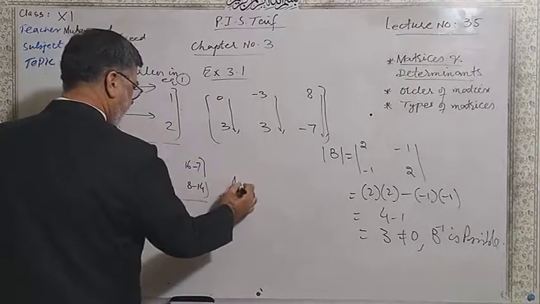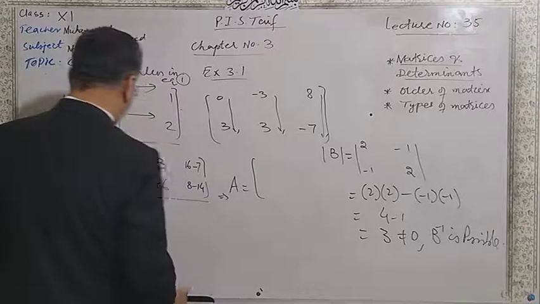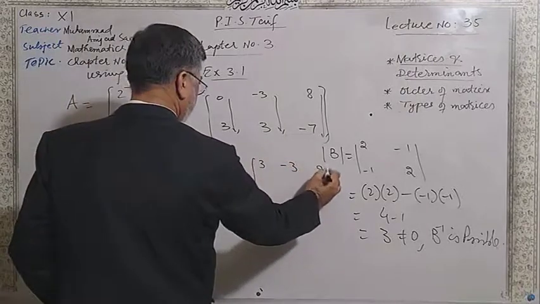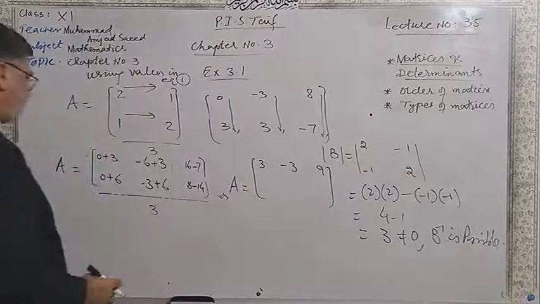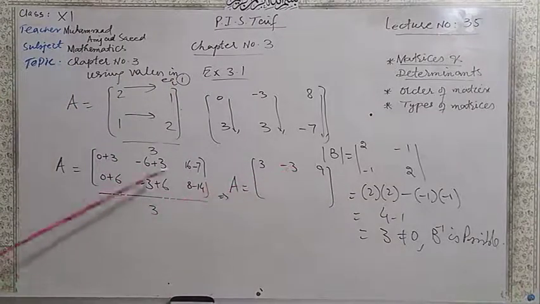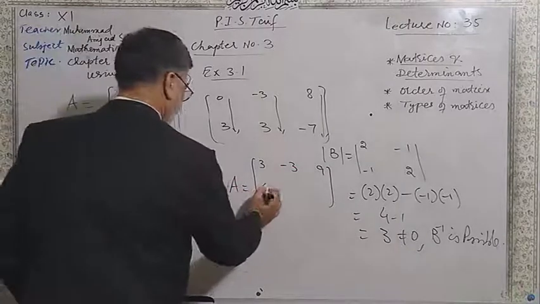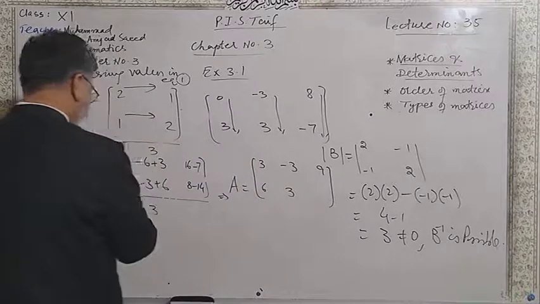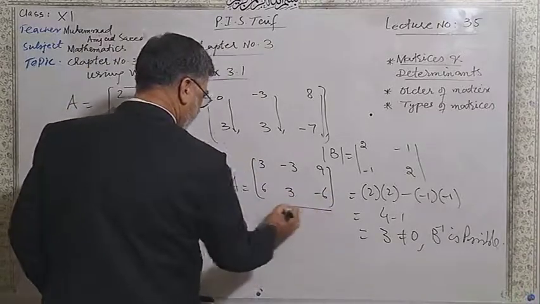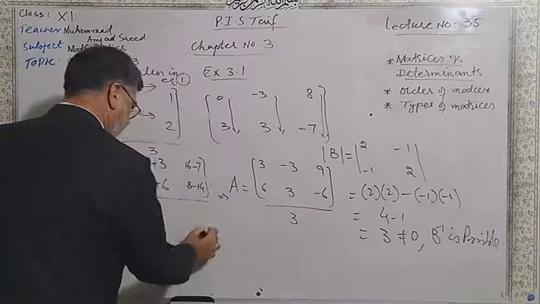And we are left with A is equal to 3 minus 3 and 9. Here is 6 plus 3 and minus 6 divided by 3.